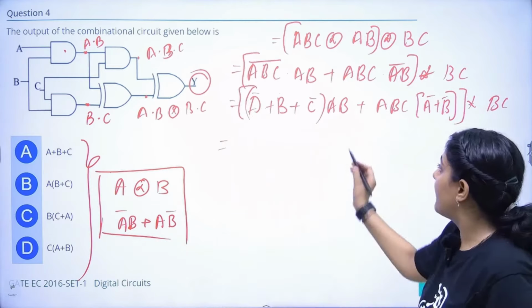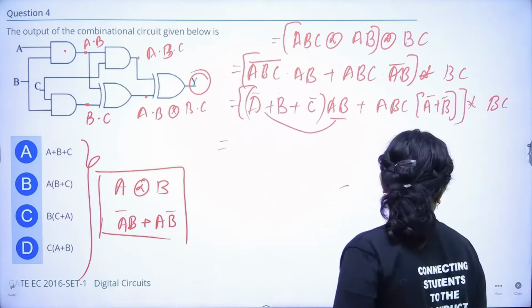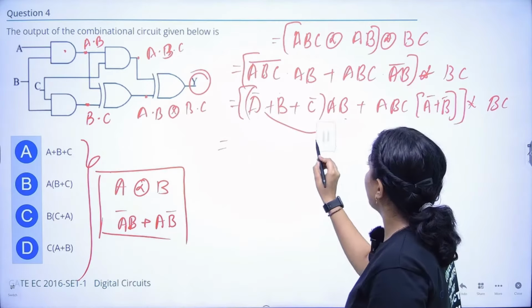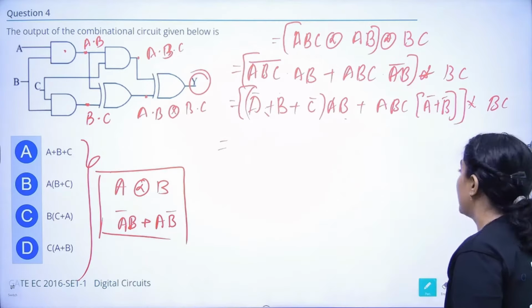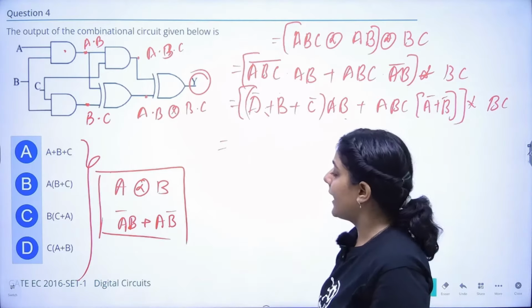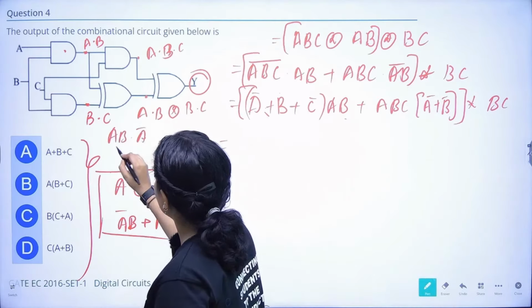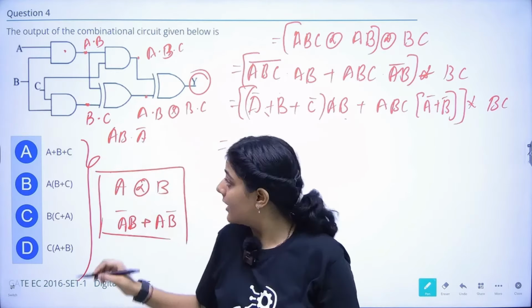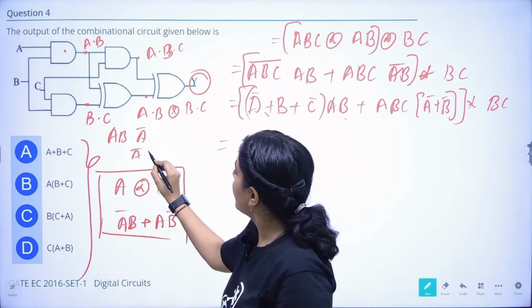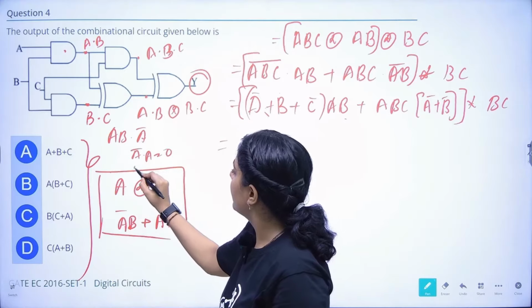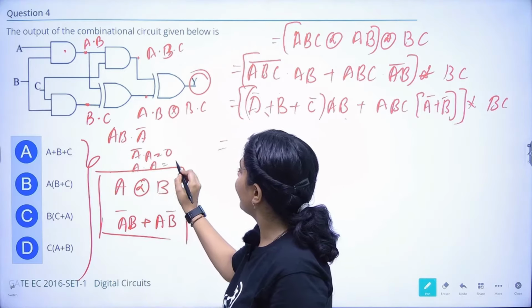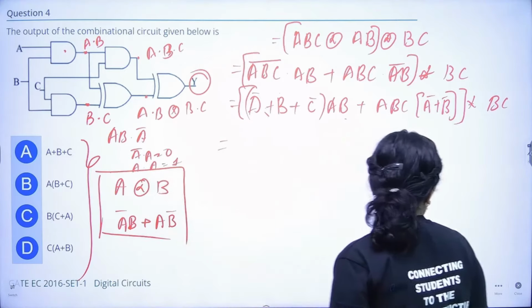Now we have to multiply this AB with all of these three. If we multiply AB with the first one, AB dot A bar, this is A bar dot A, which equals 0, and A dot A equals A only.